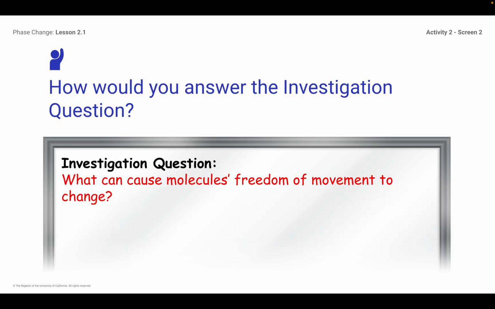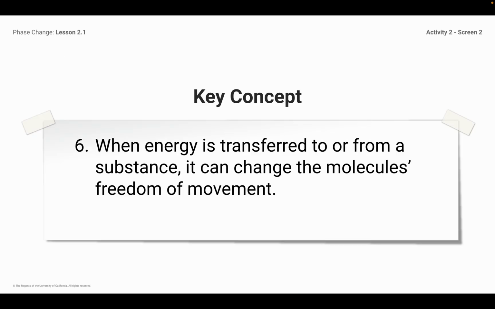Do you guys remember the investigation question is what can cause molecules' freedom of movement to change? I've got a key concept number 6 for you. So look on your, I think it's page 2, or maybe it's page 3, and I've got a space for key concept 7 and 8, but I do not have a space for key concept 6. I apologize.